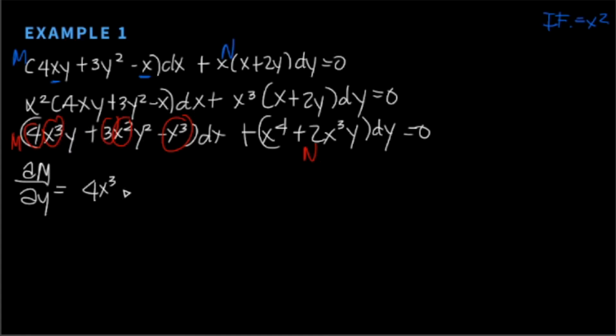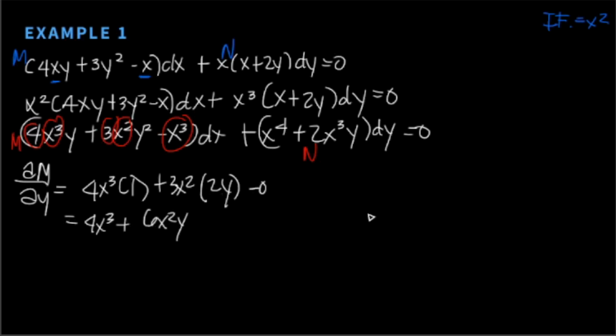So, 4x cubed times differentiation ng y, that would be times 1, plus 3x squared times differentiation ng y squared is 2y. Tapos, since ito is solo lang siya na constant, that will be minus 0. So, 4x cubed plus 3 times 2 is 6x squared y.